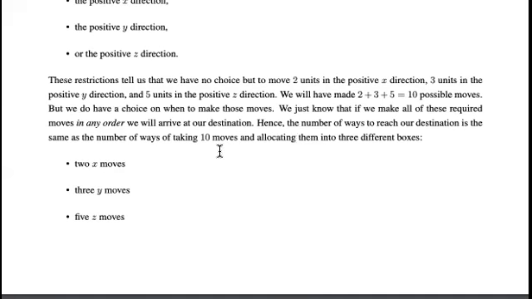Okay, it looks like the number of ways of getting to the destination is the same as the number of ways of arranging 10 moves. We're taking 10 different moves and putting them into different boxes. That's like having a string of length 10, where each position can have different things happening.